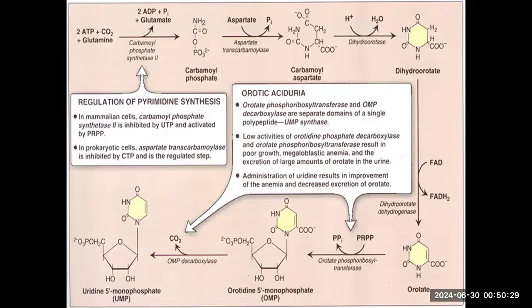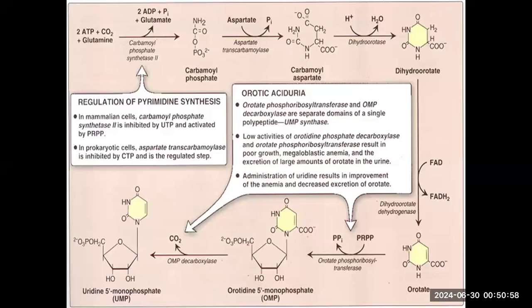Orotic aciduria is a defect in the synthesis of pyrimidine that we will be discussing later on. Orotate phosphoribosyl transferase and OMP decarboxylase are separate domains of a single polypeptide, UMP synthetase.